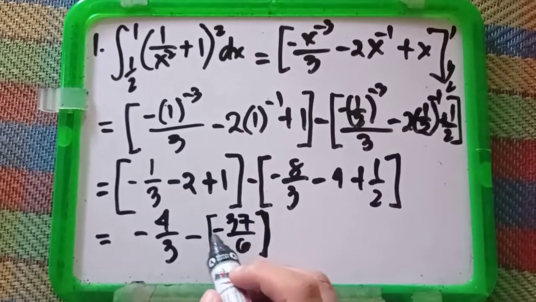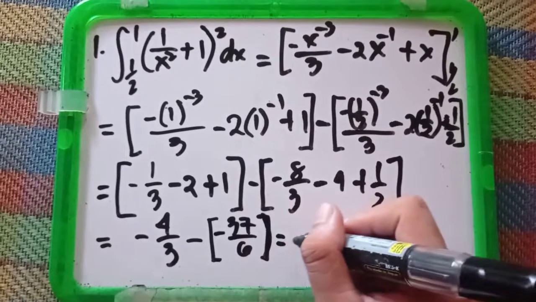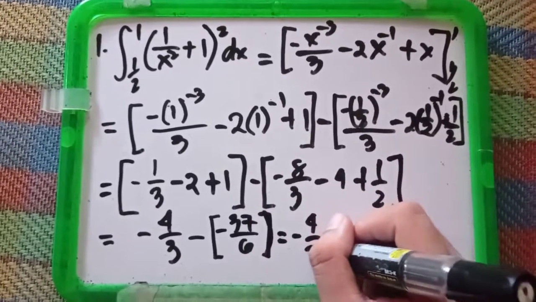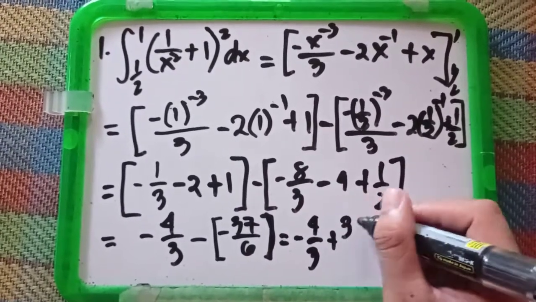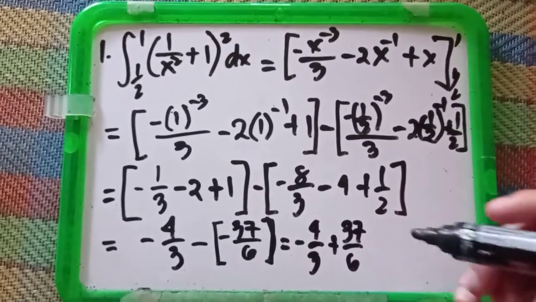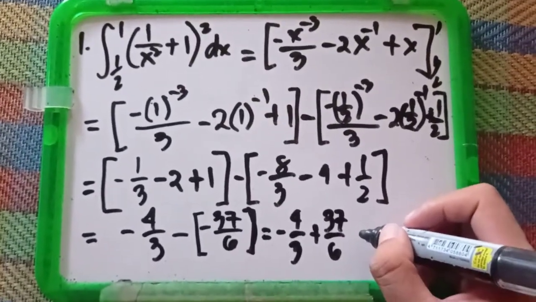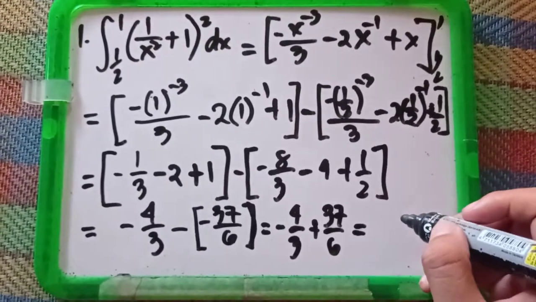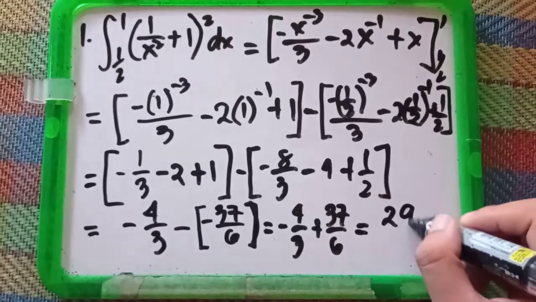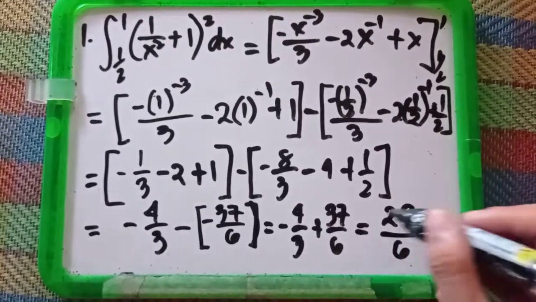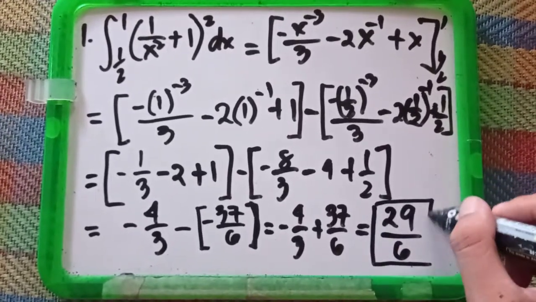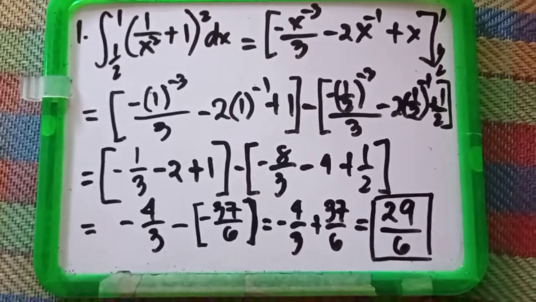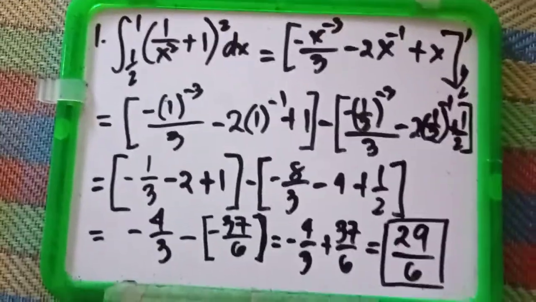Tapos distribute natin, making negative 4 thirds plus 37 over 6. So ang final answer natin is 29 over 6. This is the area inside the upper and lower boundary.